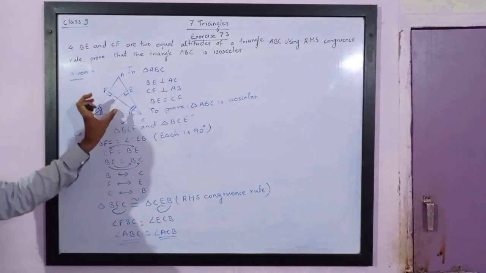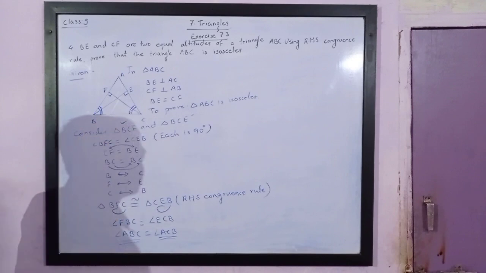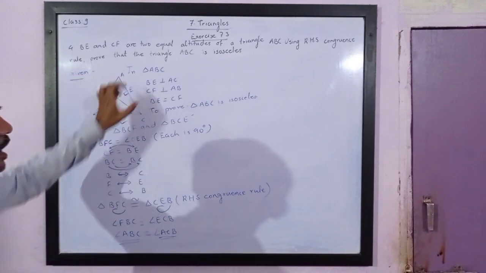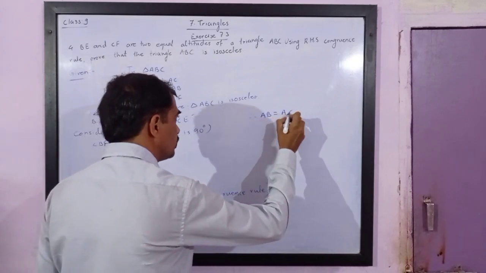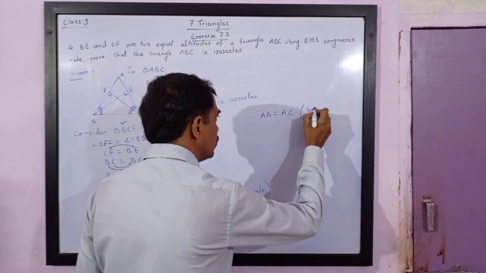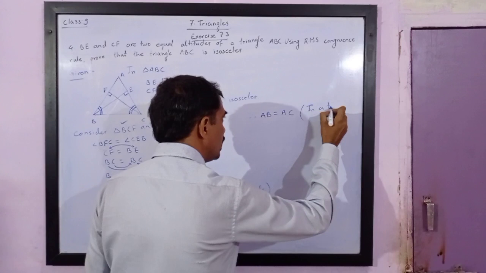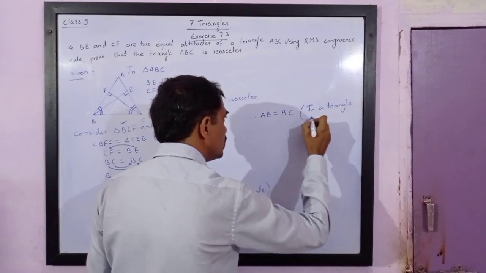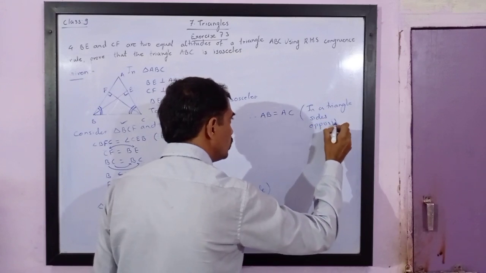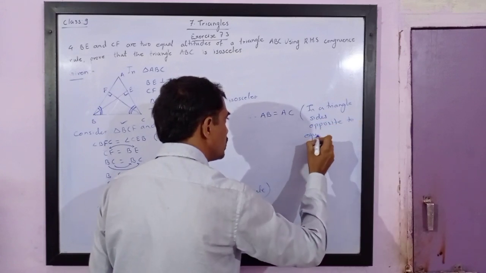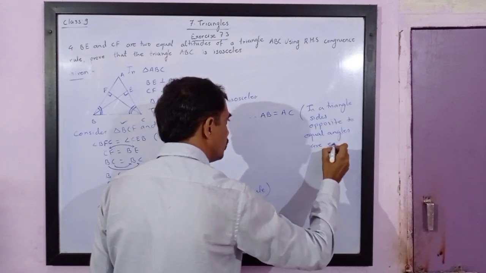And now we know that in a triangle, sides opposite to equal angles are equal. So I can say that AB is equal to AC. Reason is sides opposite to equal angles in a triangle are equal.